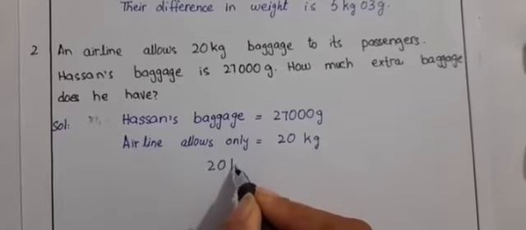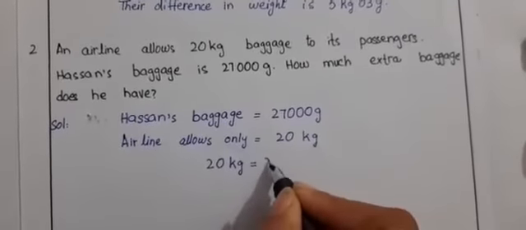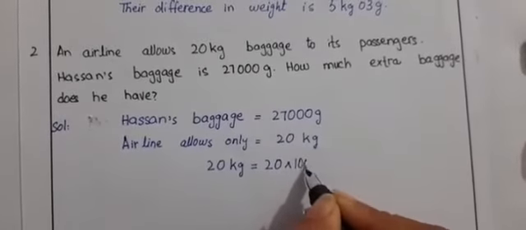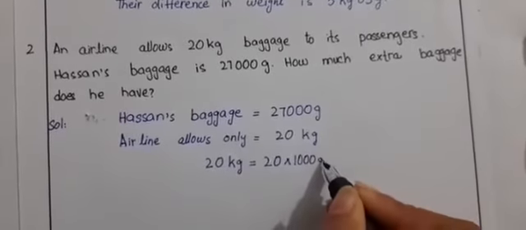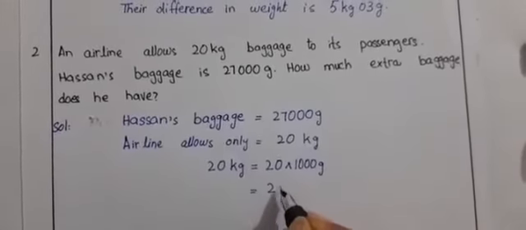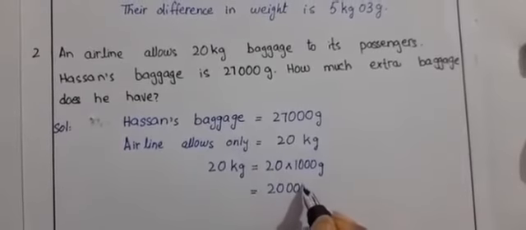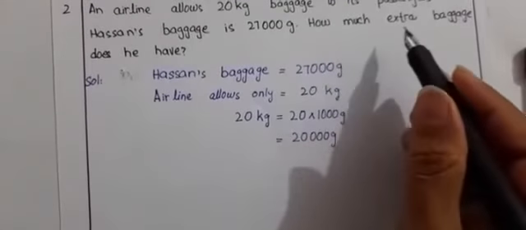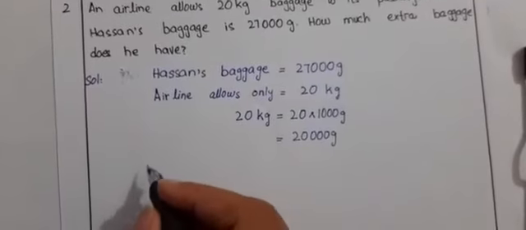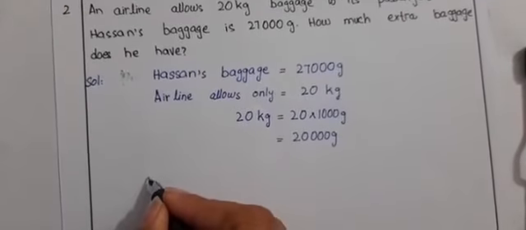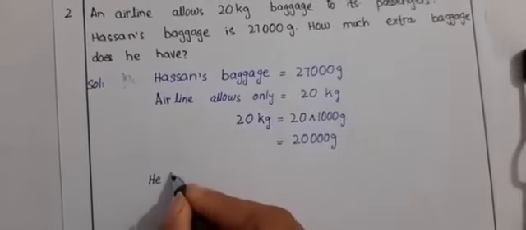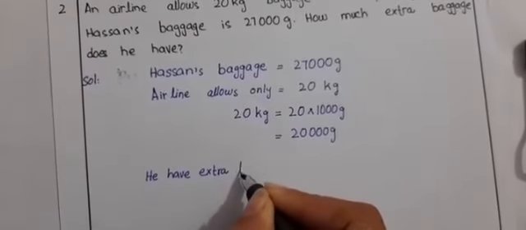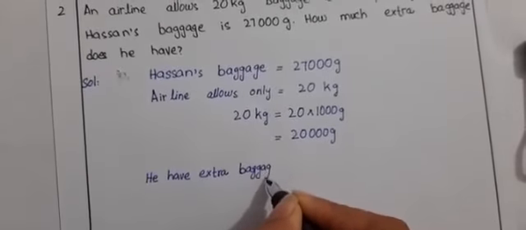So now what we have to do? We have to convert this 20 kg into grams, and you know, when we have to convert bigger unit into smaller, we have to multiply it with 1000. Now this kilogram will become gram, and it is 20,000 gram. Now what we have to tell? We have to tell how much extra baggage he has.